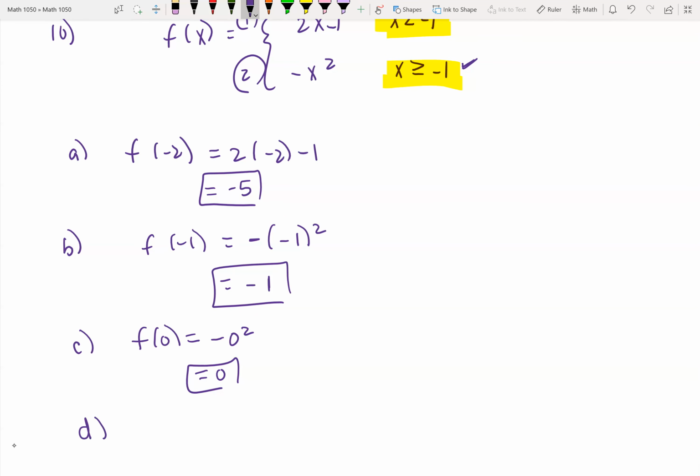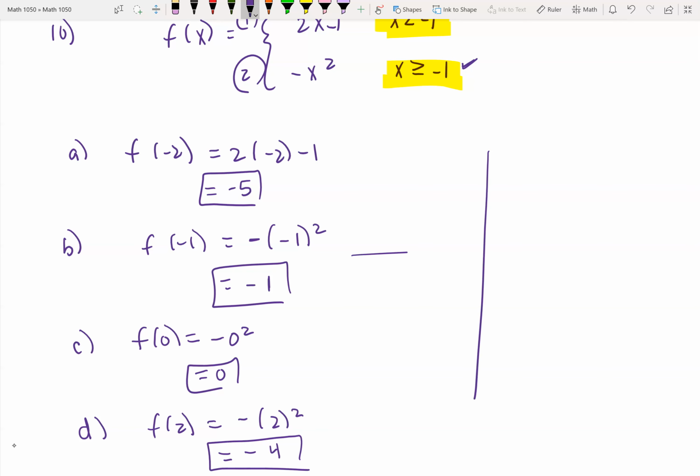Question D, find f of 2. 2 is greater than -1. And so I use that equation. So it's -2 squared. 2 squared is 4. Put a negative in front of it. Done. Okay, let's graph it.